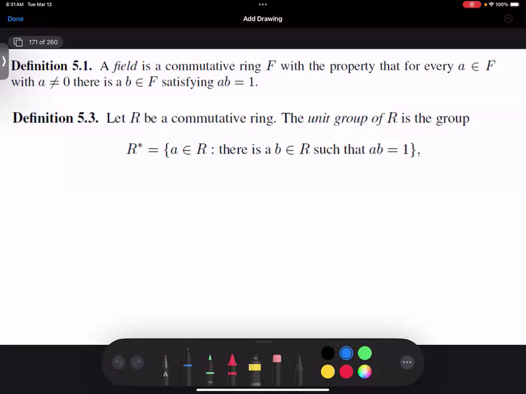But 0 is not going to have a multiplicative inverse unless you're in what setting? There is one example where 0 does have a multiplicative inverse. Yeah, if you consider the set that's just the 0 element, then 0 is the multiplicative inverse, it's the additive inverse, it's everything. There is nothing but the 0 element, so 0 times 0 is 0, and everything still has a unique inverse.